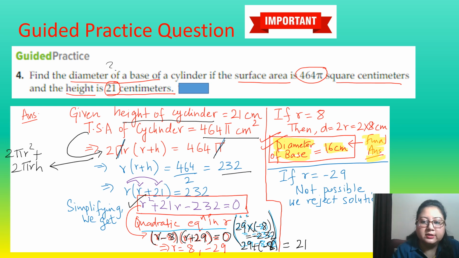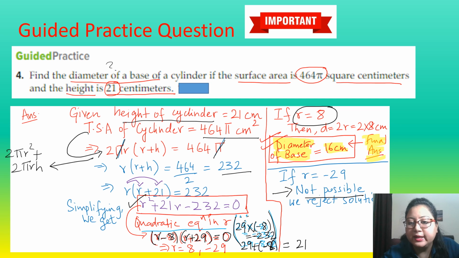Now, are we done here? Think about it. And also think about, can r be negative? Can the radius of a cylinder be negative? I'm sure you will agree with me when I say that a negative value for r is not possible. So we are going to be rejecting this solution and we will go with one value, that is r equal to plus 8.